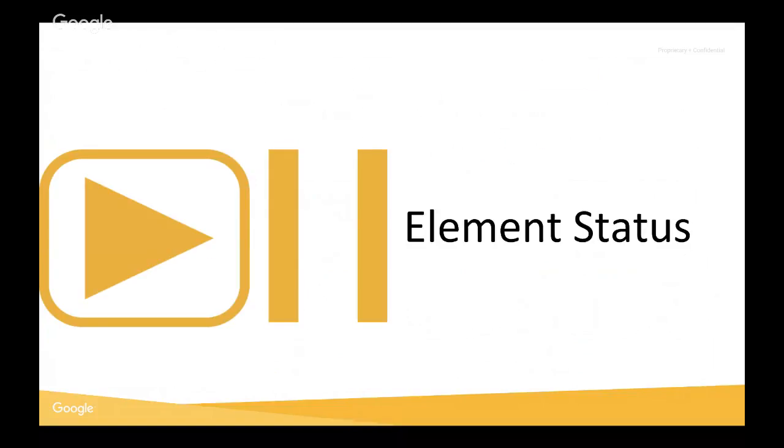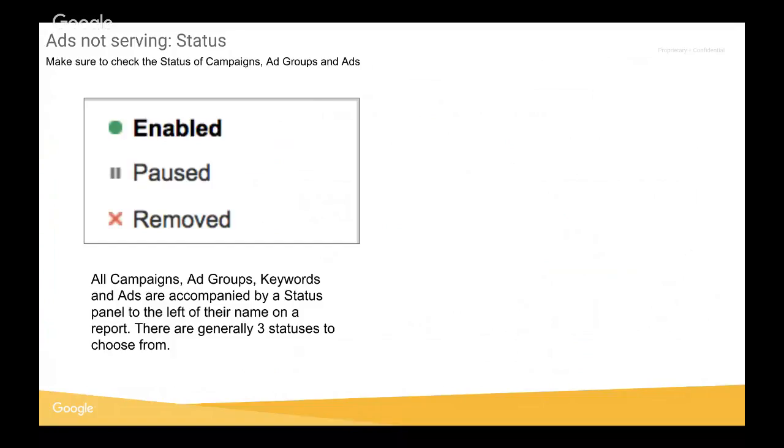Another reason, moving on from the date range, is the element status. So essentially, by element status I mean the status of an element. Let's break that down a bit more. By element, I'm referring to campaigns, ad groups, ads, or keywords. These are what I'm referring to here as elements, and they can have various statuses.